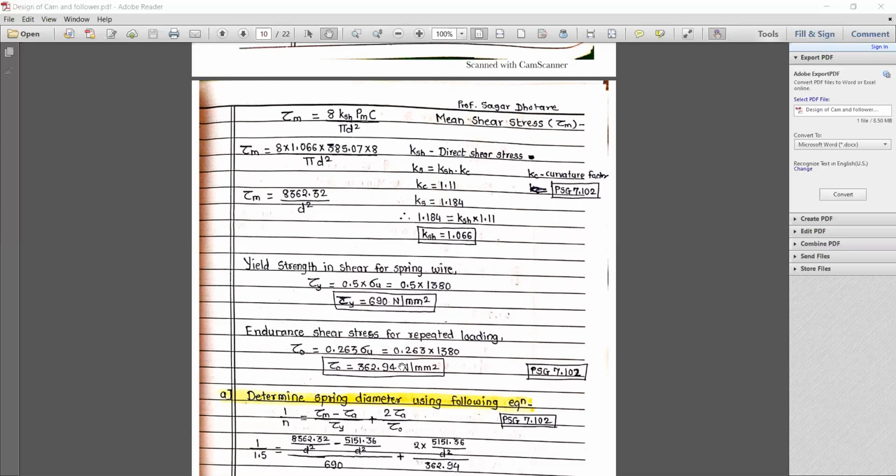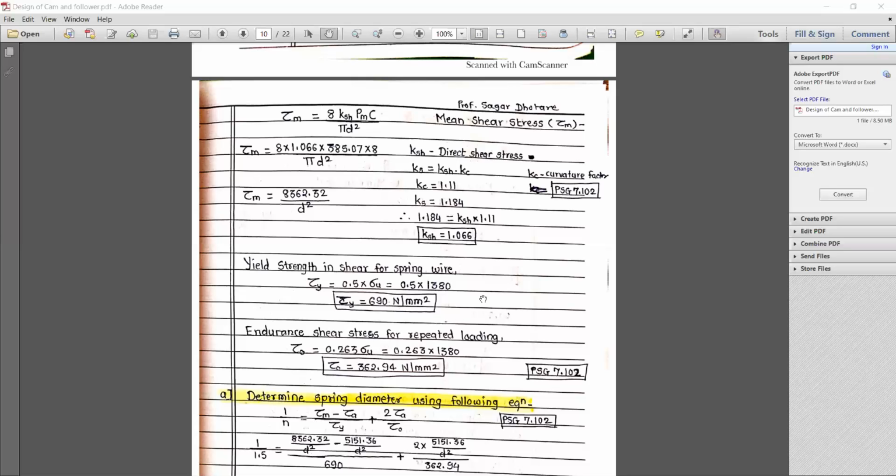Ks is equal to Ksh into Kc. Kc is nothing but the curvature factor, which we can find from PSG 7.102, 1.11, and Ks is equal to 1.184, which we have already calculated. So Ksh is equal to 1.066. Putting these values into the tau m equation, we get tau m is equal to 8362.32 divided by d square.